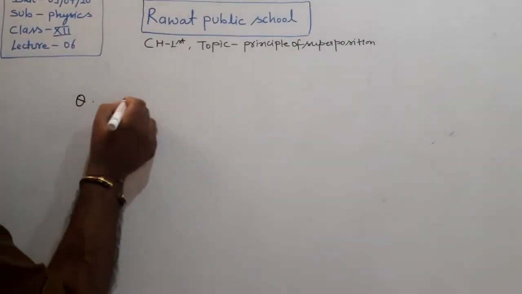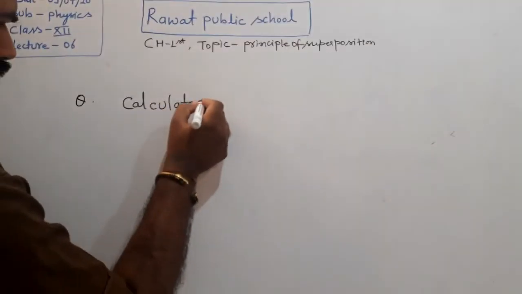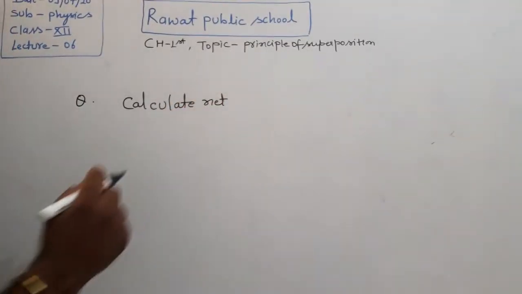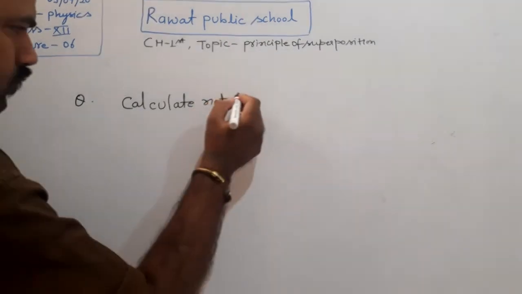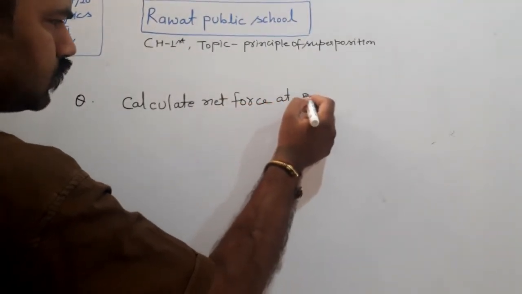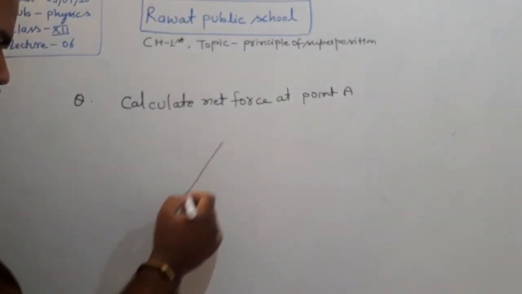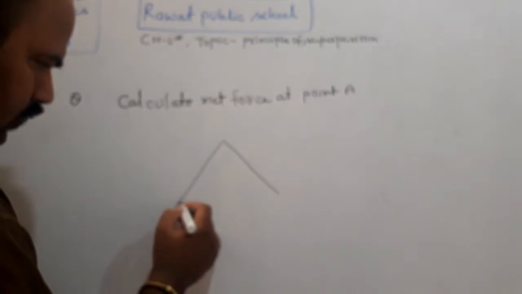First, calculate the net force at point A. This is an equilateral triangle.